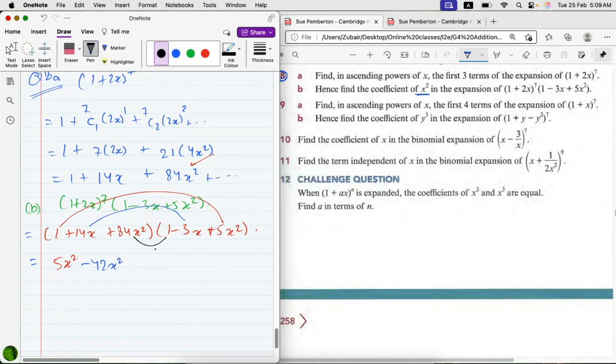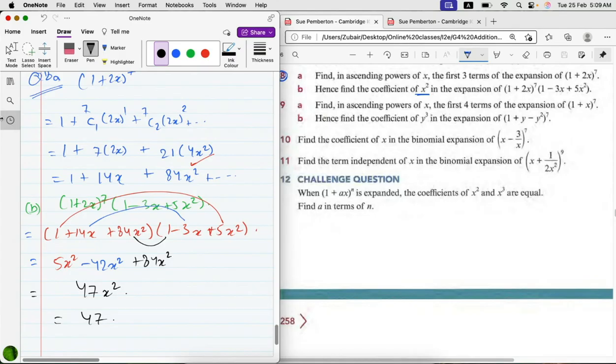And then 84 into 1 is 84x squared. Other than that, we don't get x squared. So 5 minus 42 plus 84. So the coefficient of x squared in the expansion is 47.